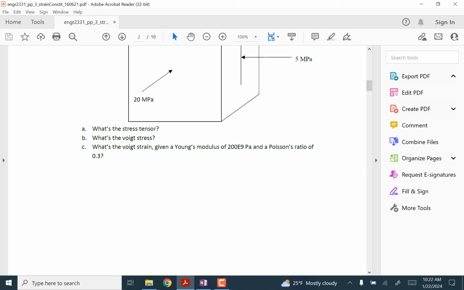Is that engineering notation? No, it's my notation. I could have written it 2E11. I guess it's somewhere in between calling it gigapascals and calling it pascals.